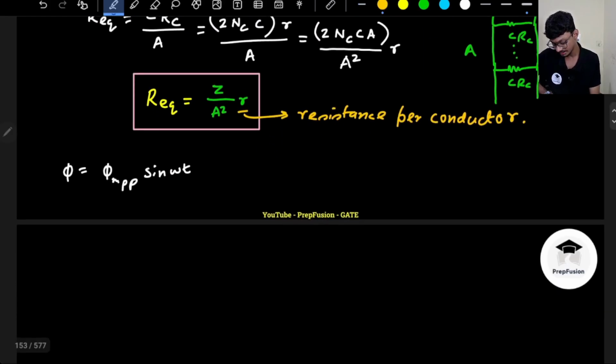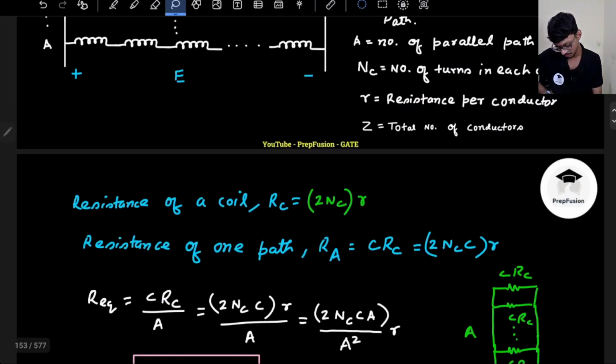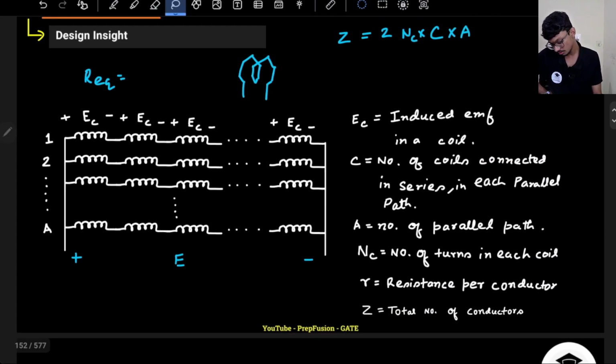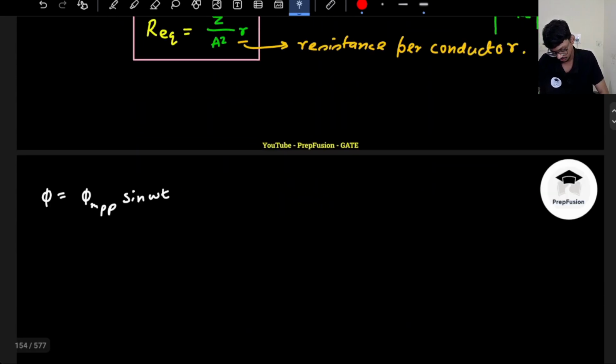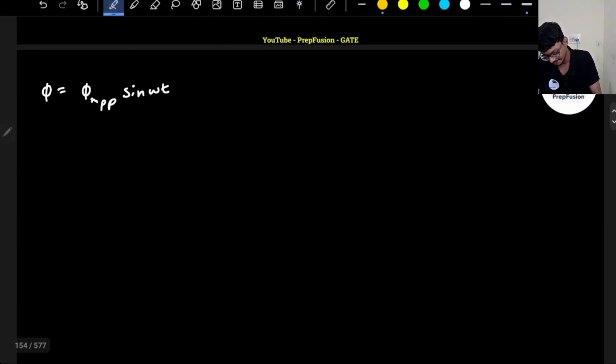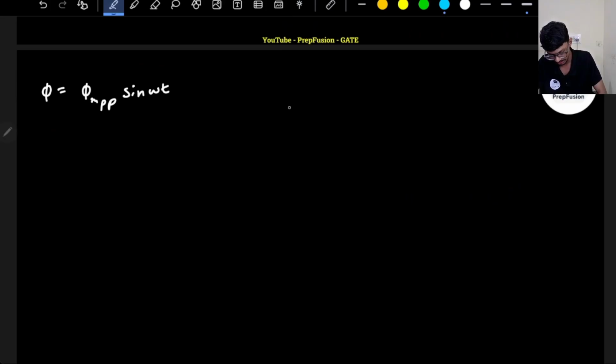Okay, now let's derive the induced voltage. So this is done. Let me find out what is the voltage induced in a single coil. If my flux equation is something like this, and I know rectified flux will be something like this, or rectified induced EMF, the waveform will be something like this.